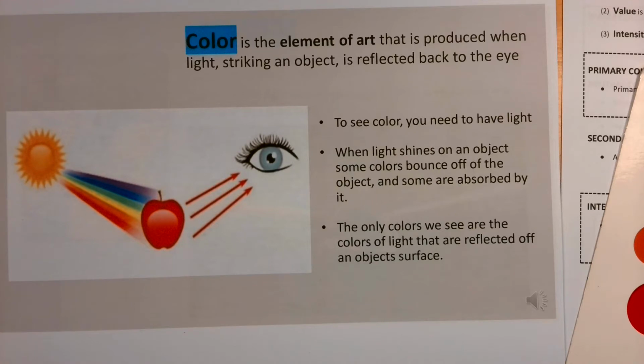When light shines on an object, some colors bounce off of the object and some are absorbed by it. The only colors we see are the colors of light that are reflected off of an object. So here we have our light source shining light on this red apple. The colors we see are the red reflected rays and the others are absorbed by the object itself.